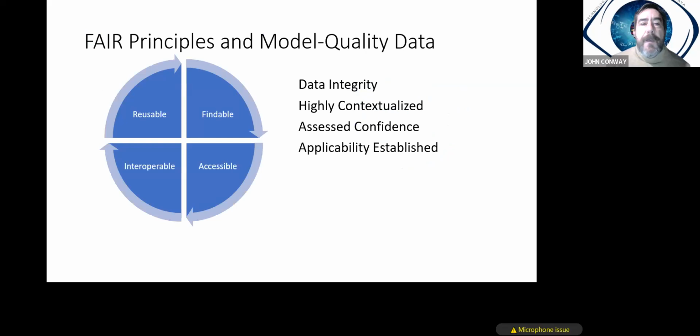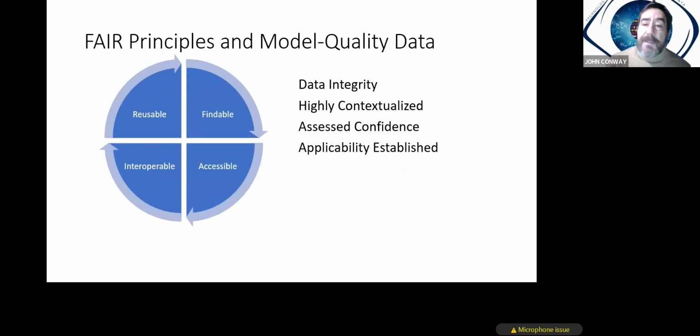So I know a lot of people have heard these already, but it's always good if somebody's on here who hasn't. What are the FAIR data and process principles? It means findable, accessible, interoperable, reusable. That's what we're striving for in our data, scientific informatics and data environments.